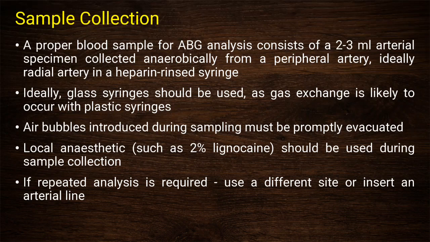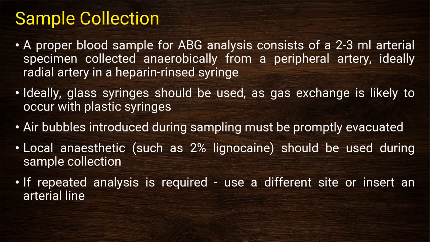Sample collection. A proper blood sample for ABG analysis consists of 2 to 3 ml of arterial specimen collected anaerobically from a peripheral artery, ideally the radial artery, in a heparin rinsed syringe. Ideally, glass syringes should be used because gas exchange is likely to occur with plastic syringes.